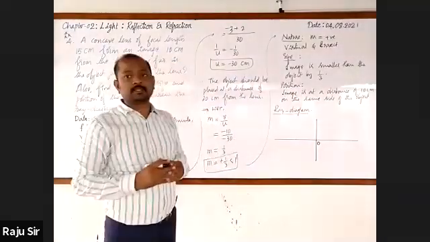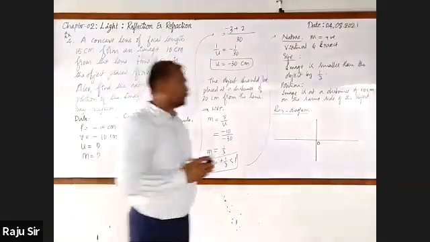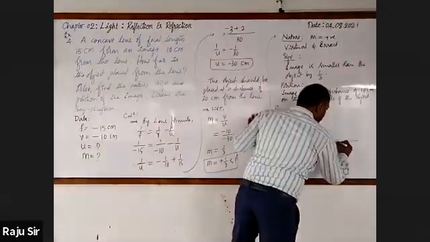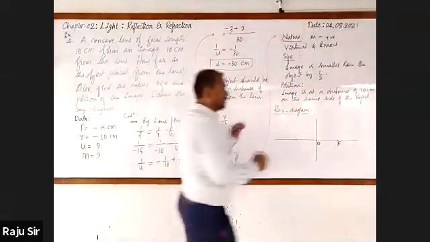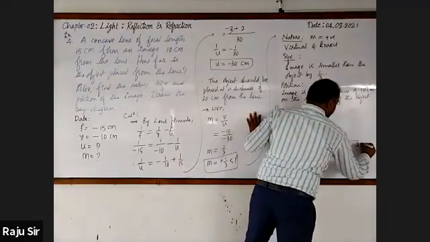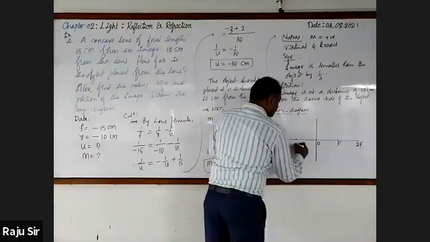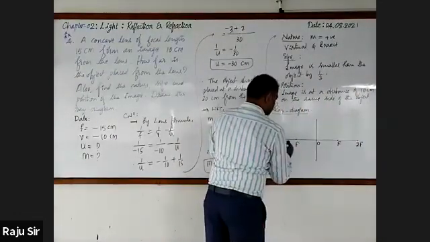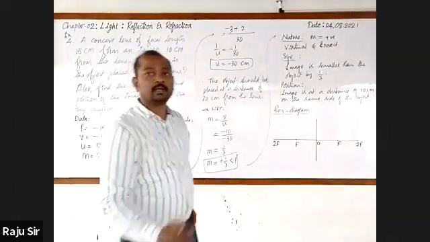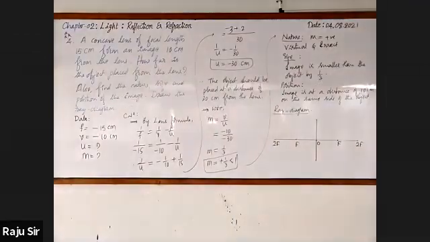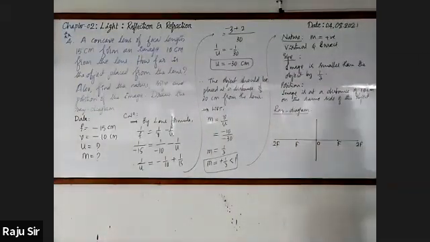One is optical center, denoted as O, and second one is principal focus, denoted as F, and let us mark 2F as well, on the left side also. As we have to draw the concave lens, you may use a protractor.